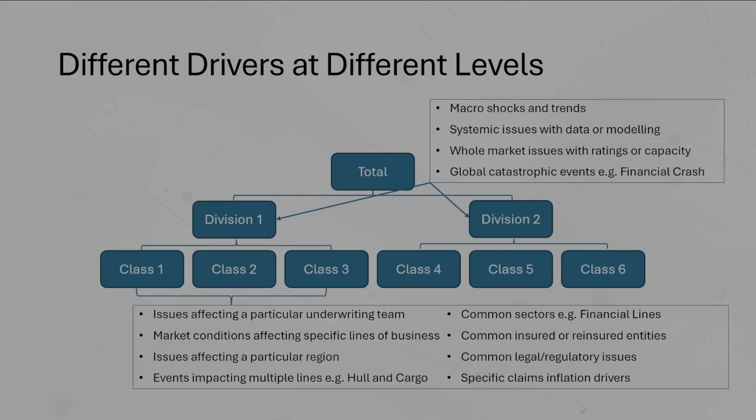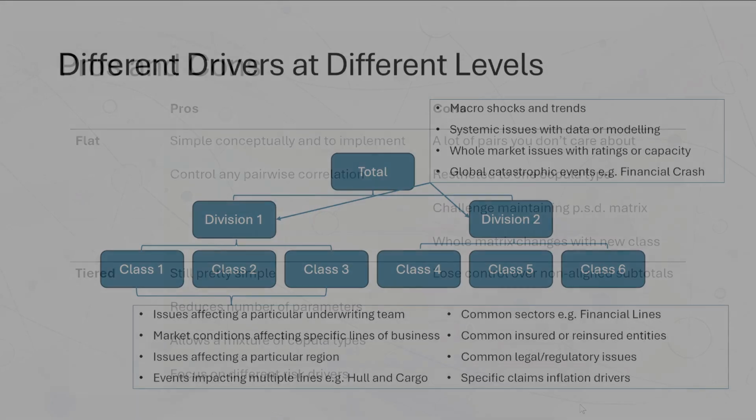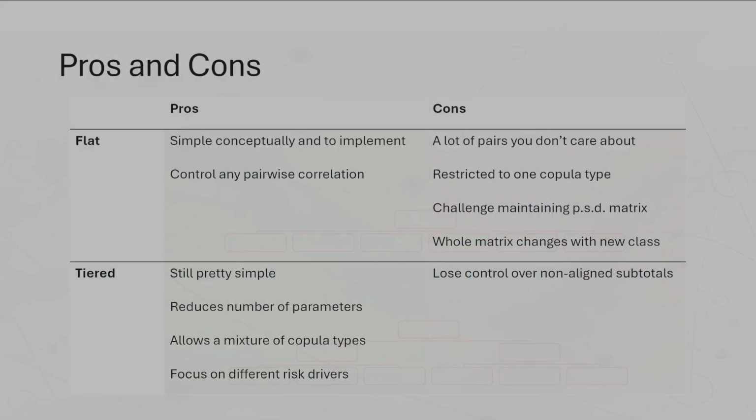And these are perhaps much more likely to be the kind of macro exogenous shocks and major drivers. And I think it forces you to make sure you're considering both the lower level, more idiosyncratic risks, as well as the larger macro risks as you're thinking about that correlation parameterization approach.